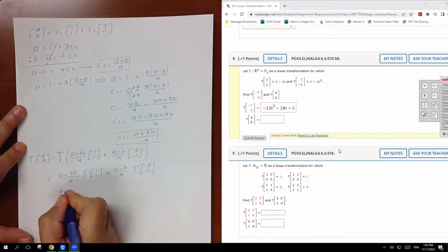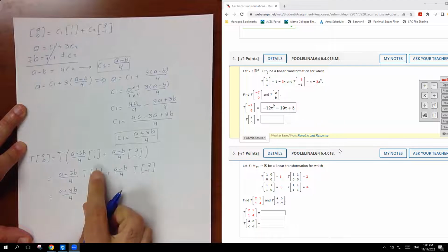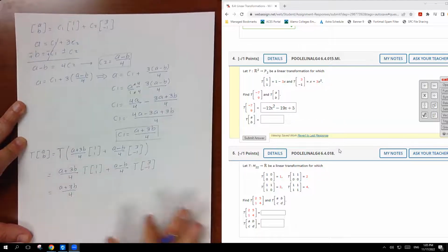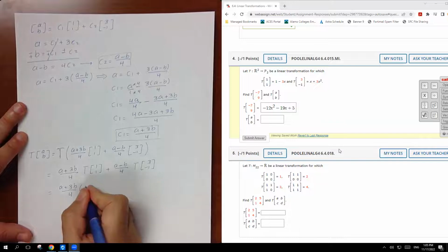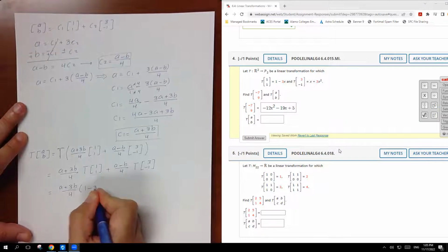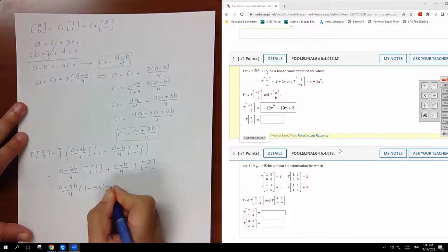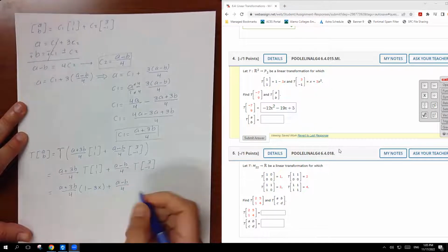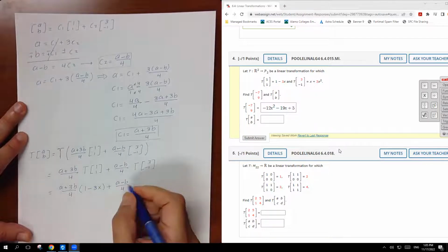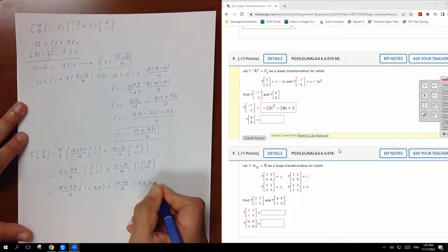The transformation of (1, 1), if you go to the beginning, is equal to 1 minus 3x. So this is (a plus 3b)/4 times (1 minus 3x) plus (a minus b)/4 times the transformation of (3, negative 1), which is x plus 3x squared.